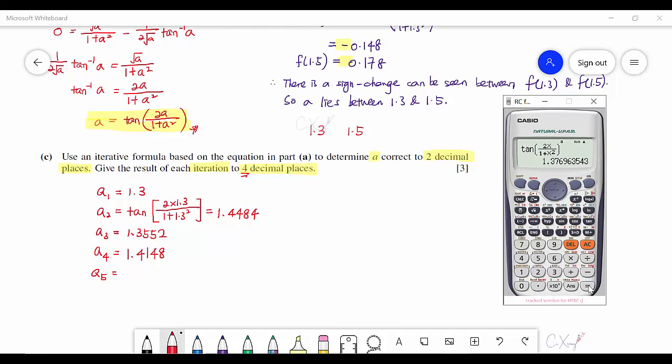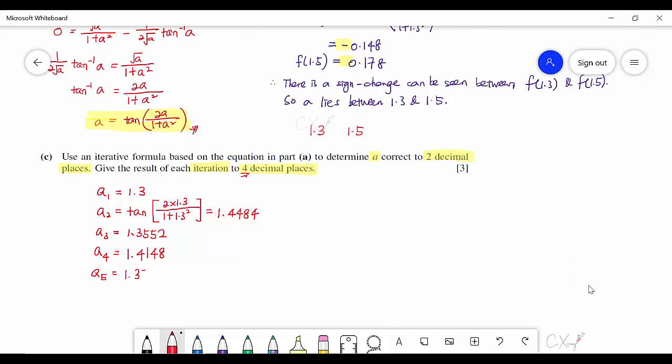And for this iteration, you get 1.3769, which is 1.3770 to 4 decimal places. So again, it is not our final answer yet.